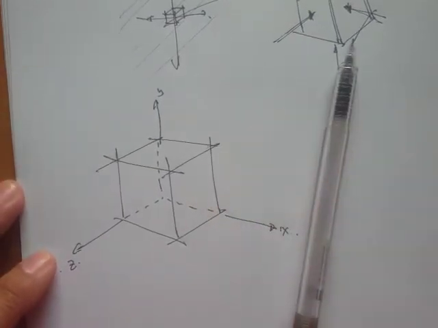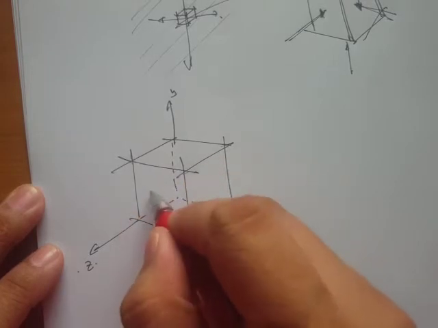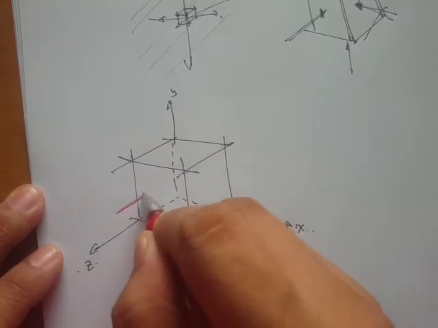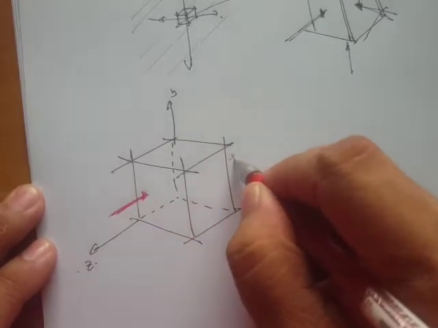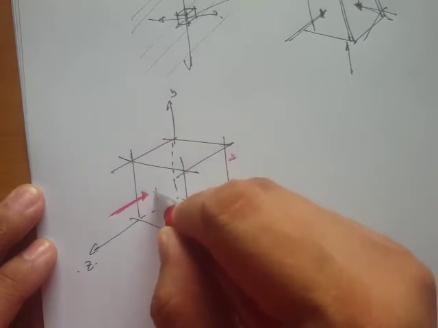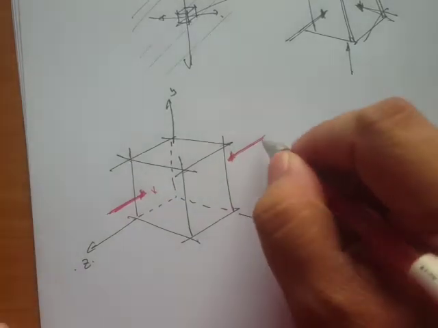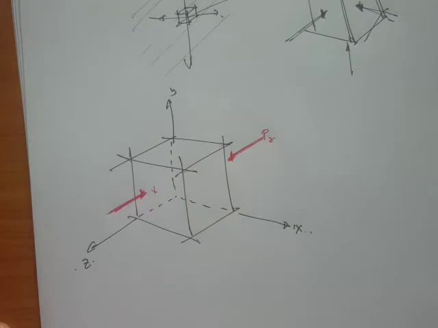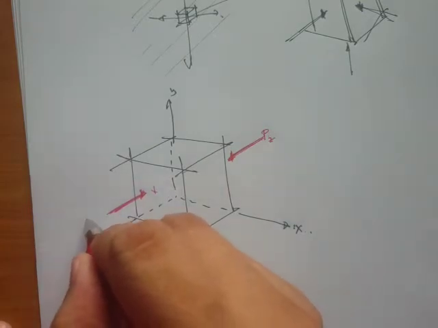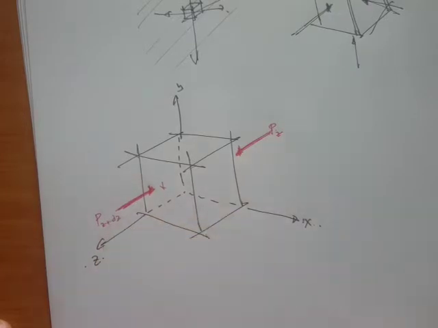Okay, so we say that there is a force, there's a pressure, right? Let's say for now it's pressure. So we have pressure along this direction, and we'll also have pressure in the opposite direction. So let's say this is P sub z, and then this one would be P sub z plus dz.